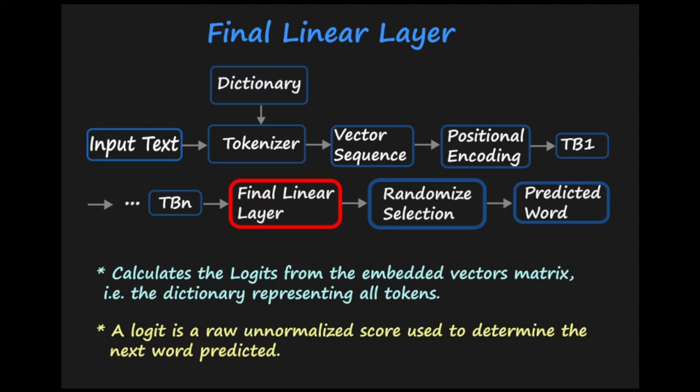This is true during inference. During training, all words coming out of the FFNs are used. So this random selection is not used during training. It's only used during inference mode.